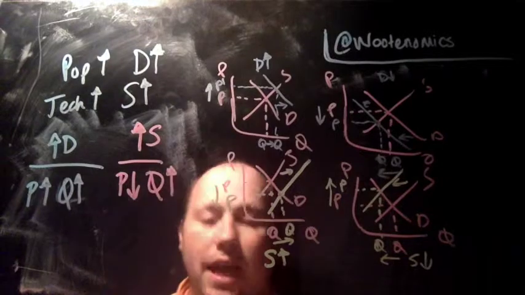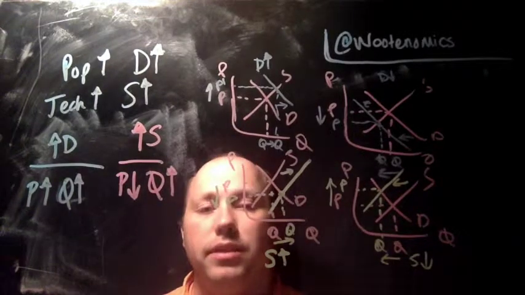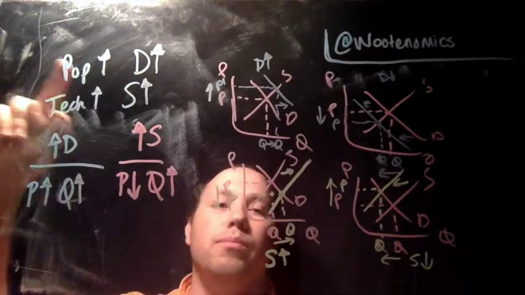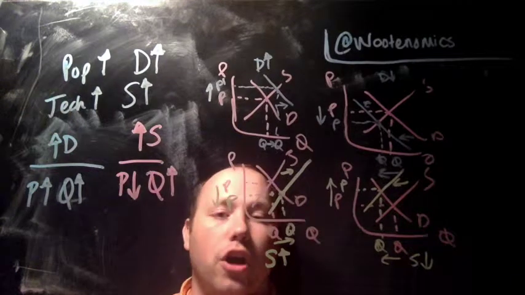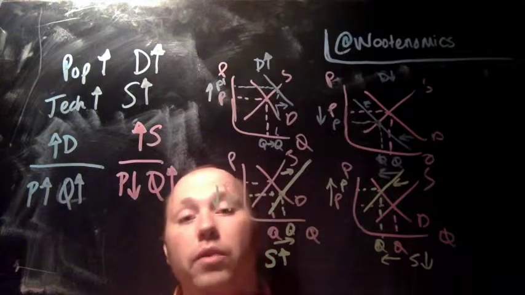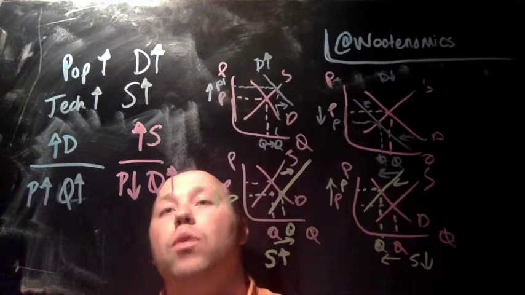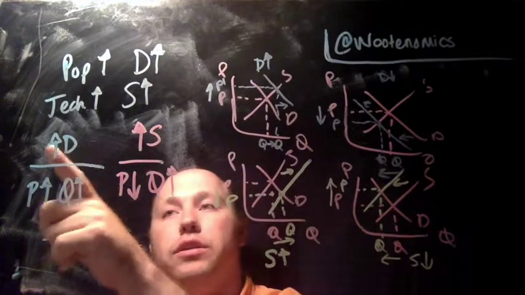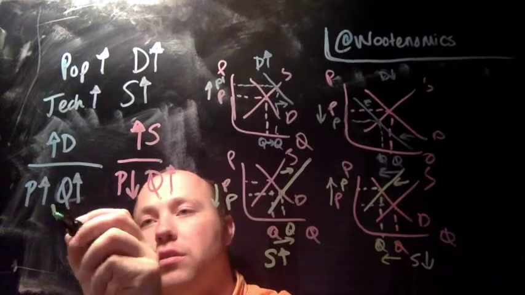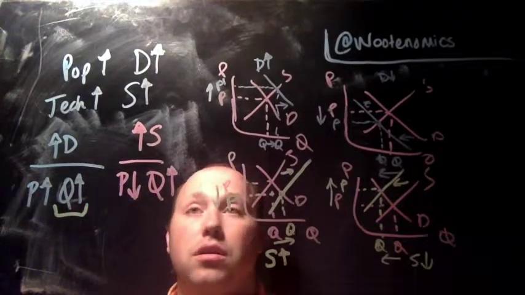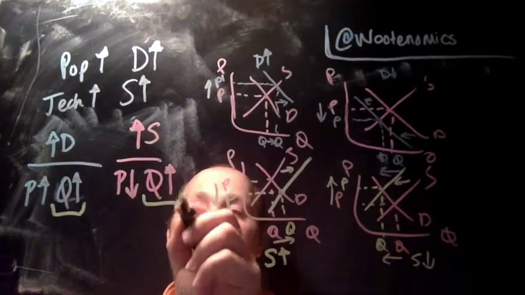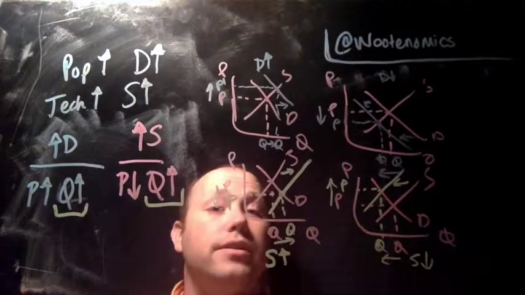So the best way to tackle these dual movement problems is to think of them individually. When both shifts happen at the same time, it's very hard to figure out what is going to happen because it depends on how you draw your graphs. What we know for sure is that whenever demand increases, quantity increases. We also know that when supply increases, quantity increases.